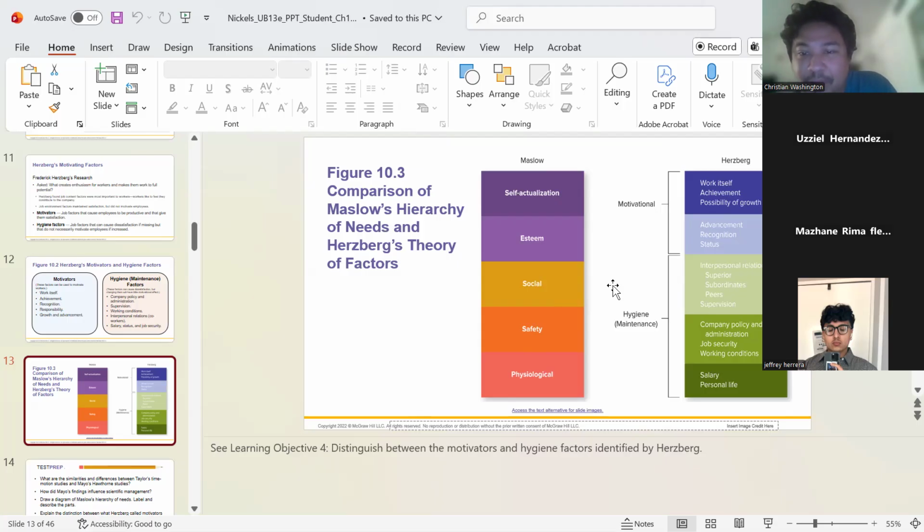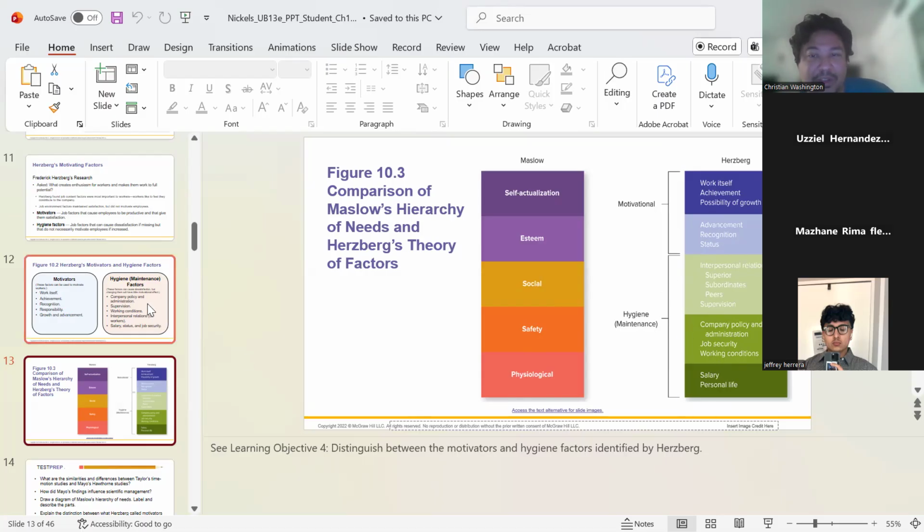So the example they give here is, the hygiene factors are going to be your salary, your personal life, company policy, job security, work conditions, and then social is going to be interpersonal relationships, subordinates, peers, things like that, the people you work with, your relationships, right? So these are not things that affect motivation.